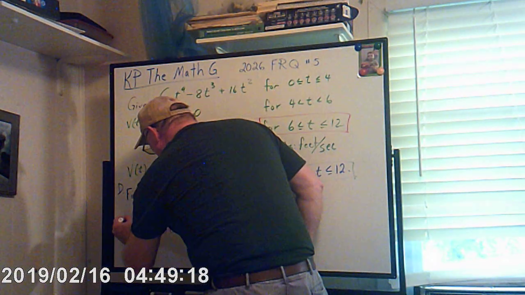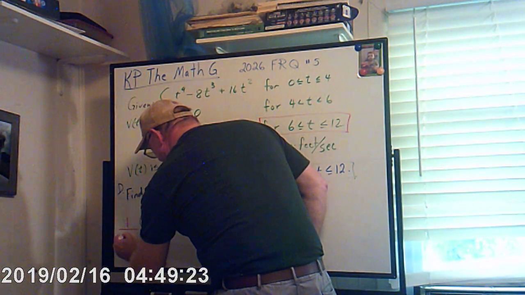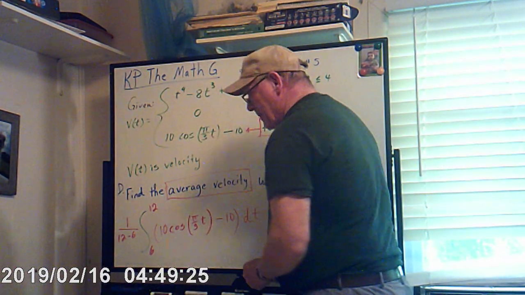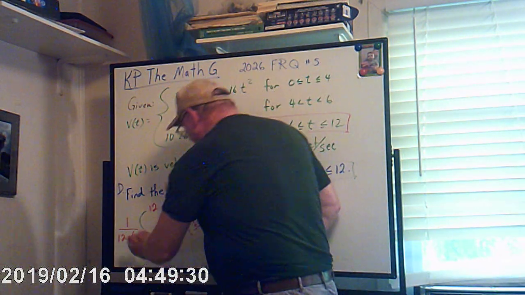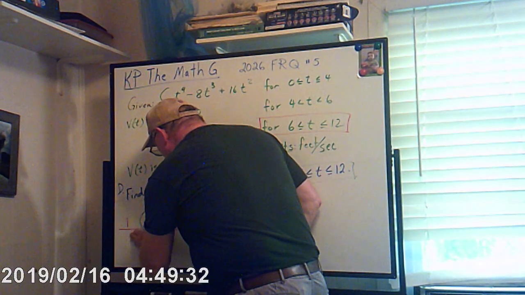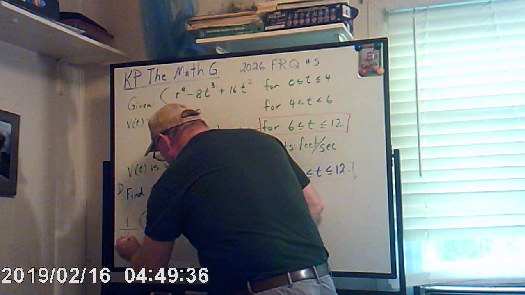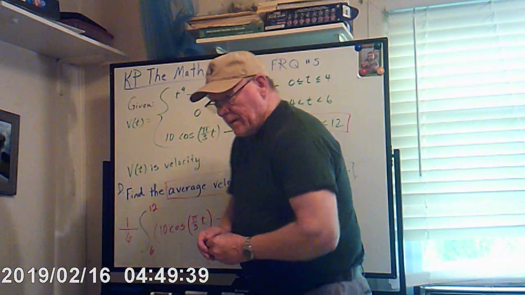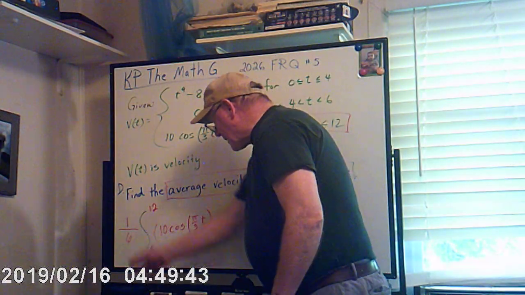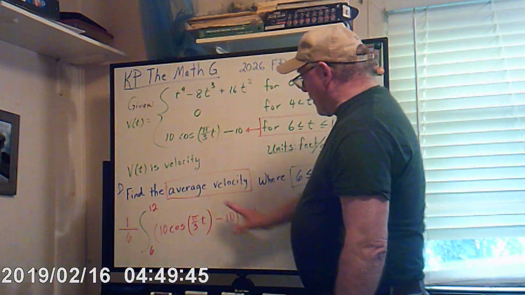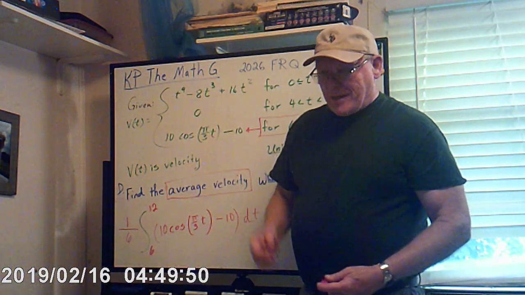You simply do 1 over the higher number minus the lower number. Well, 12 minus 6 is 6, so 1/6. You just simply subtract. 12 minus 6 is 6.